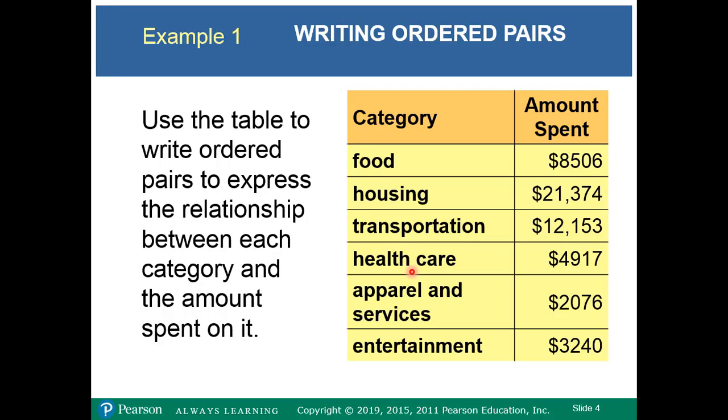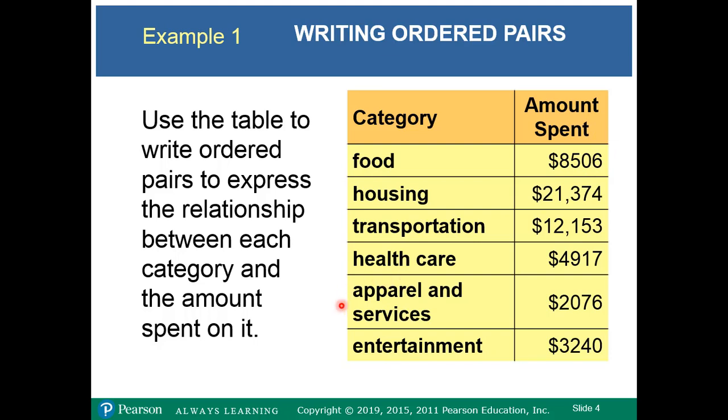parentheses. So if we look at these tables, we have a category and the amount spent. So we have to write an ordered pair that expresses the relationship between each category and the amount spent on that category. So we can write an ordered pair for food and $8,506.